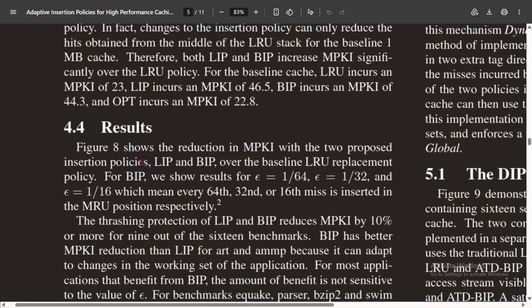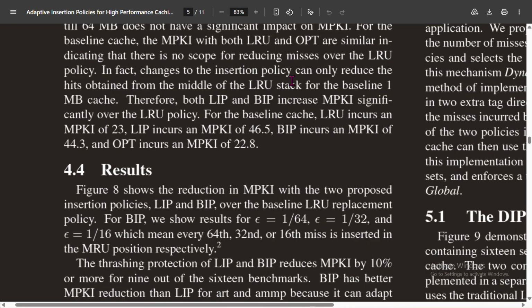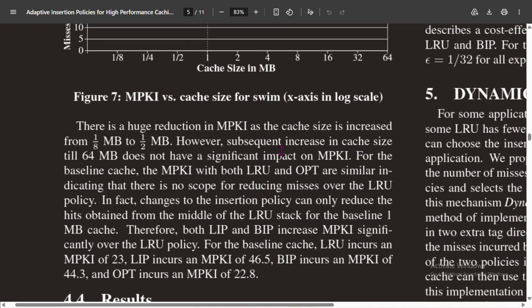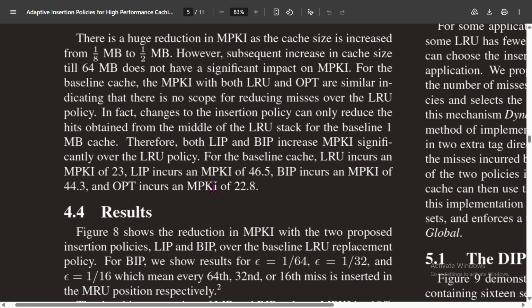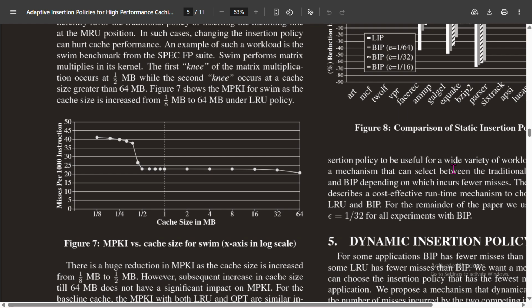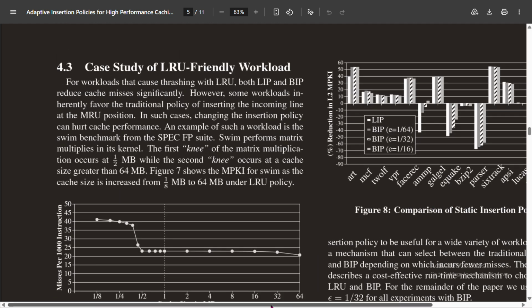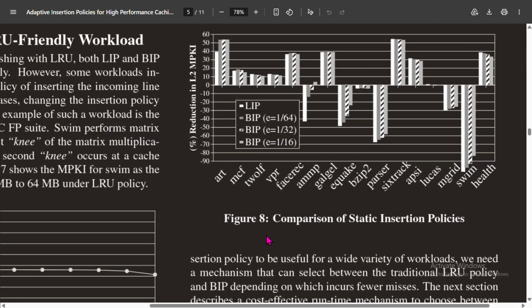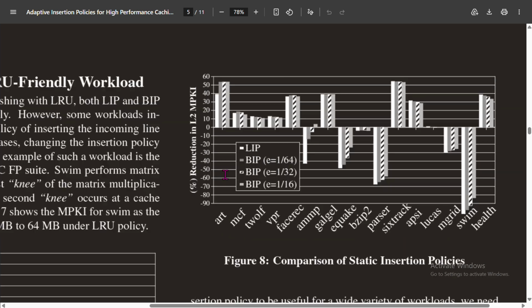Well, let's talk of the results. In figure 8, let's see the figure 8. Okay, this is the figure 8: comparison of static insertion policies, percent reduction in L2 MPKI.